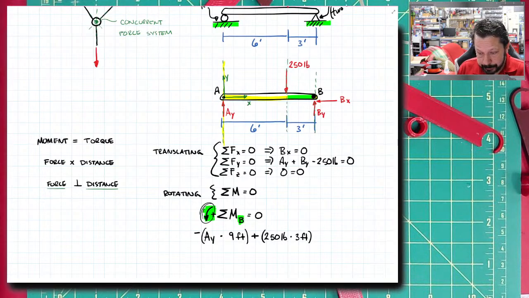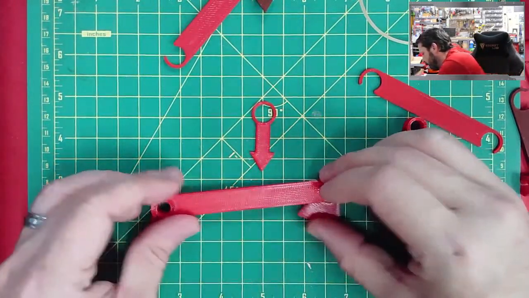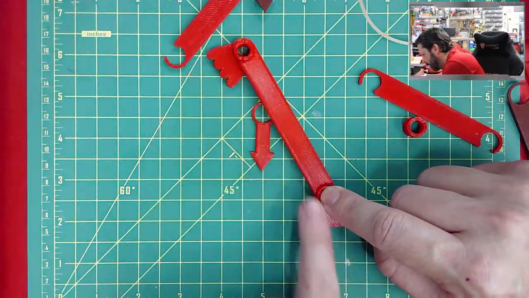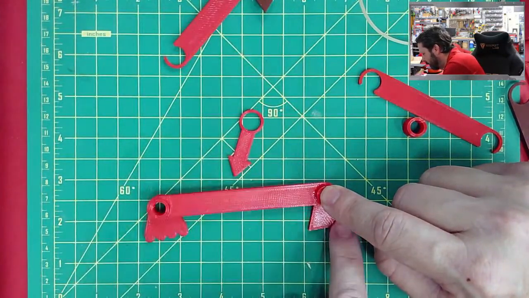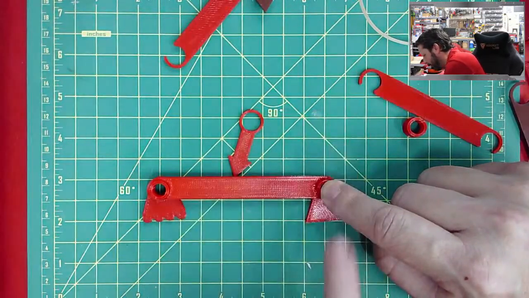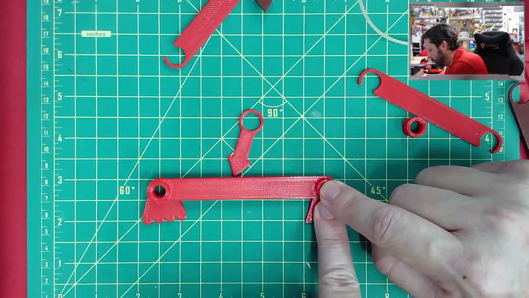So BY actually doesn't create a moment about B. Here's B over here. I'm going to push here, and well, I kind of missed. But if I push here, then no matter how hard I push in this direction, the body doesn't rotate about point B.